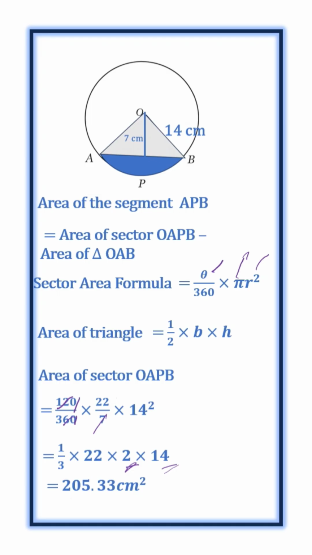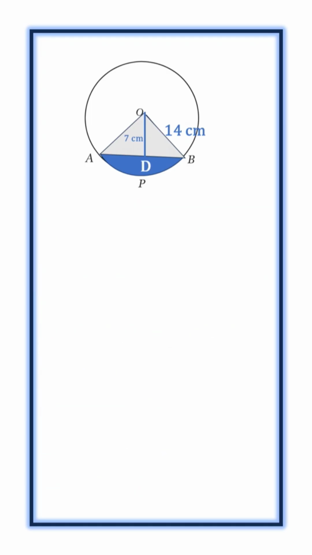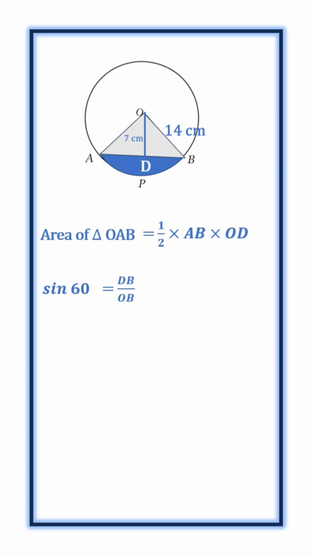Now for the area of triangle OAB, you already know the height. You don't know AB, isn't it? How can we find AB? By applying the value of sin 60 in triangle ODB. DB by OB is sin 60, opposite by hypotenuse.